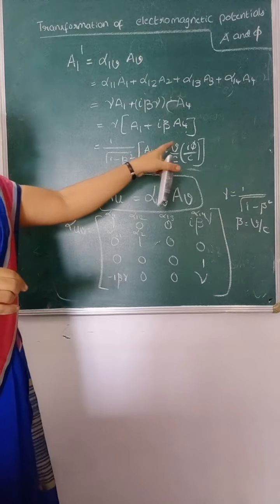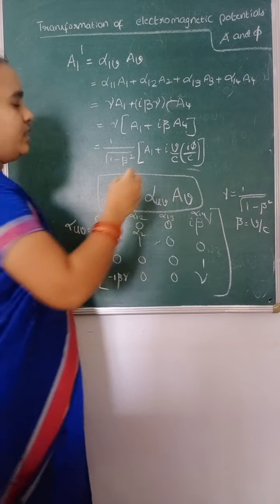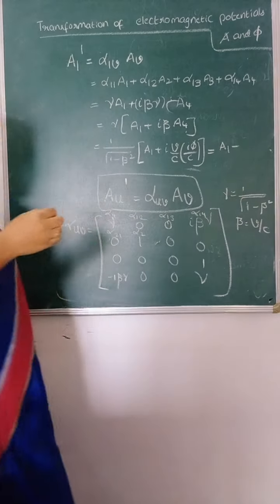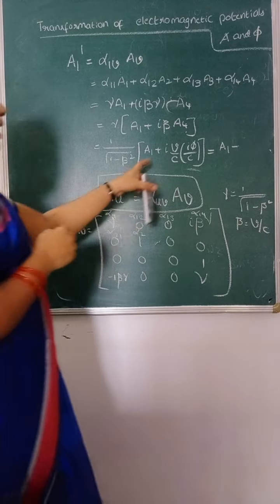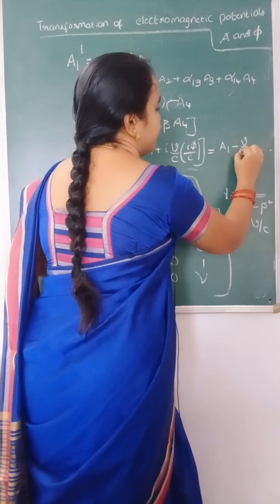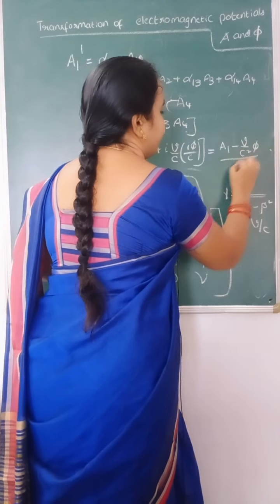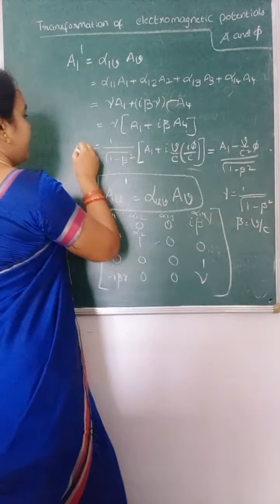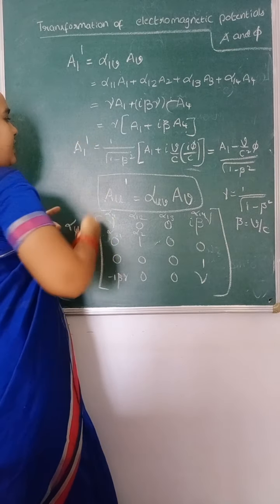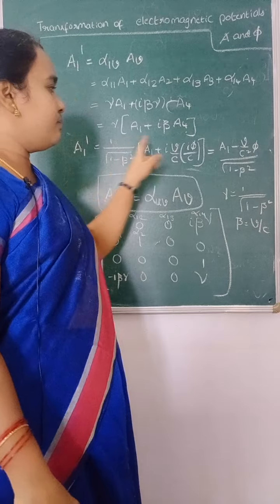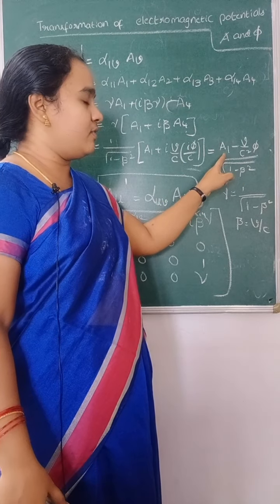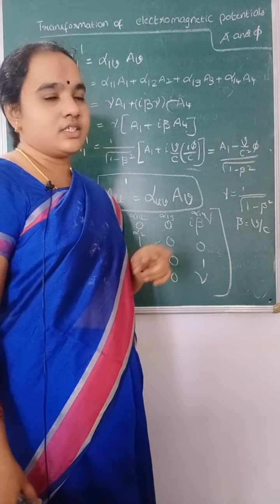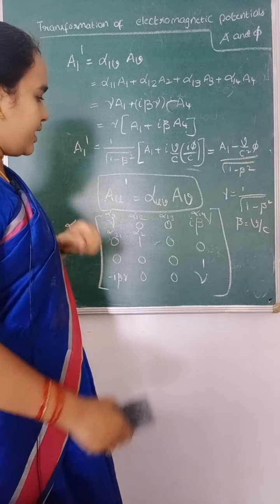So i into i is i squared, which is minus 1. This is equal to A1 minus v by c squared into phi, divided by root of 1 minus beta squared. So in one frame of reference, A1 dash can be calculated by taking the values of A1 and phi in the other frame of reference. These are the constants. So this is A1 dash.